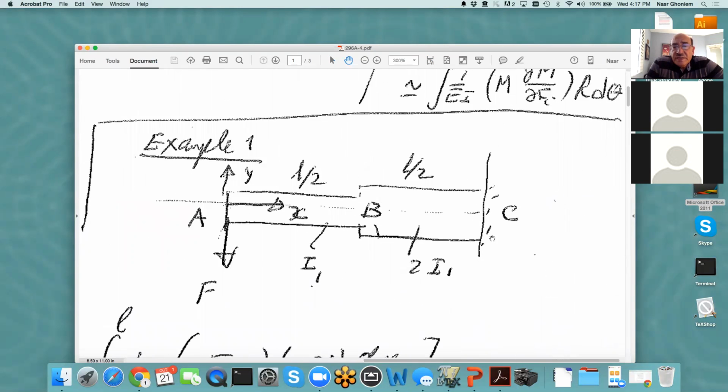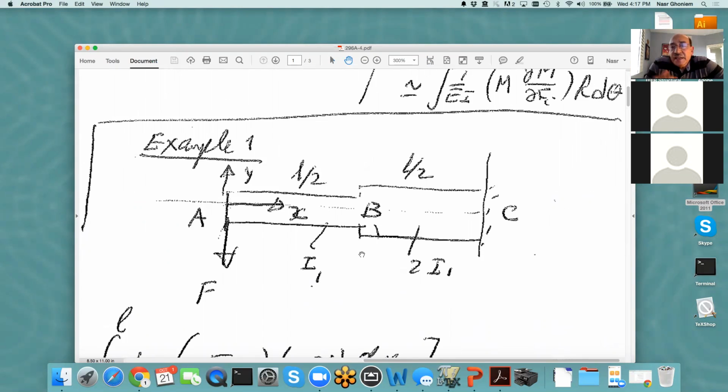And at point B, there is actually no force at this point. And I want to find the deflection downward at that point. So I now have to assume that there is a small force here, and this force is Q. This is a fictitious force.